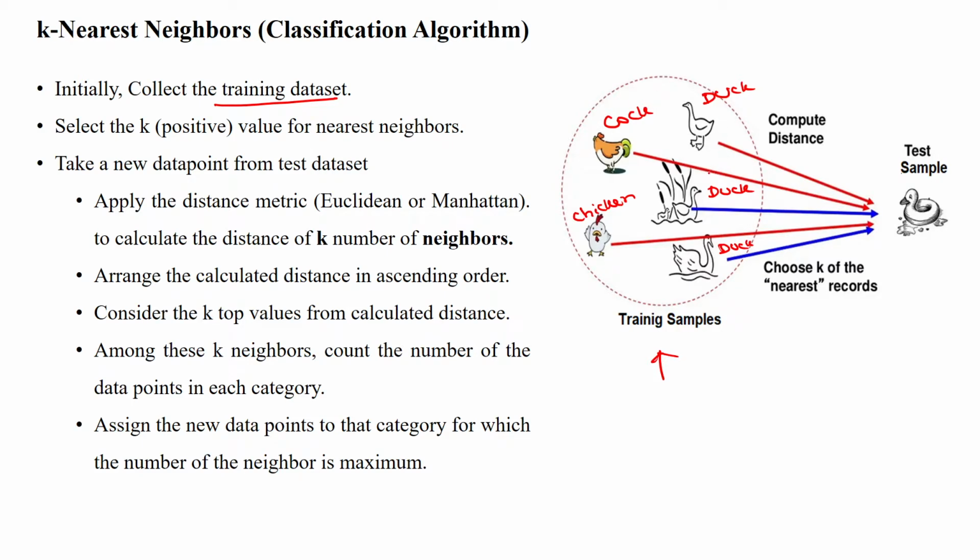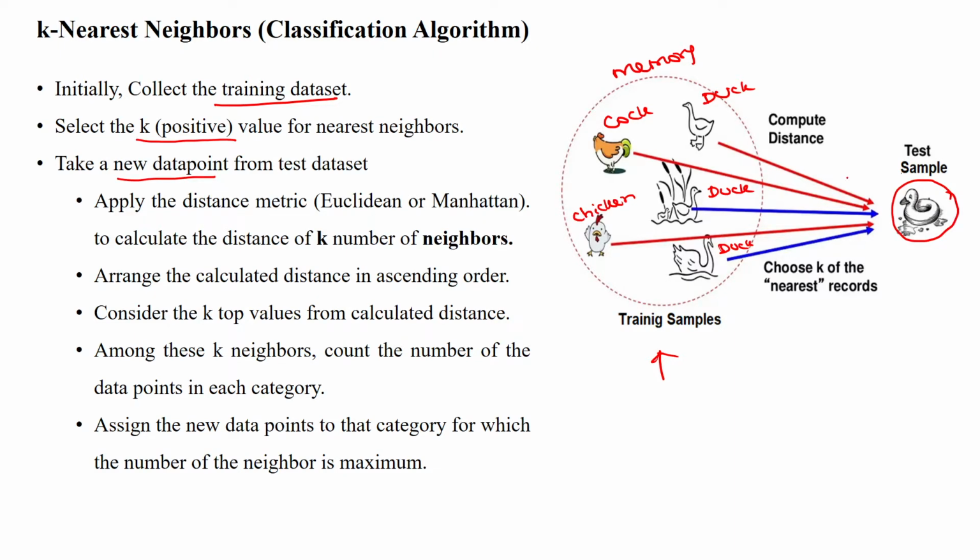These are the training samples we store in memory. Then we get the testing sample, which is compared for similarity with each and every sample stored in memory. The k number of neighbors also has to be selected. Then the new test data point is received from the test data set.